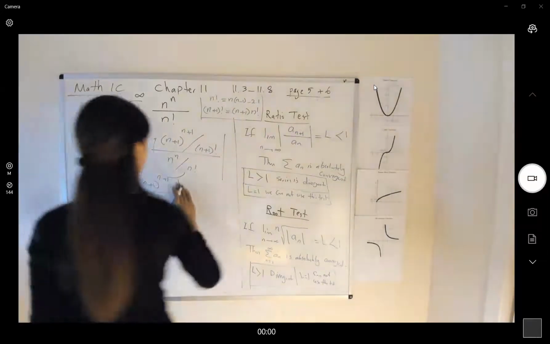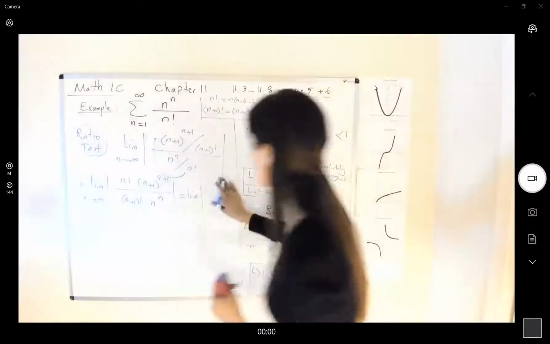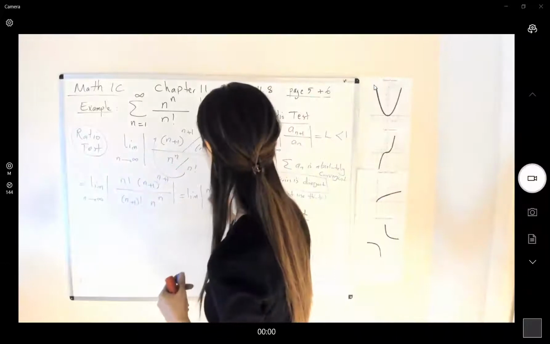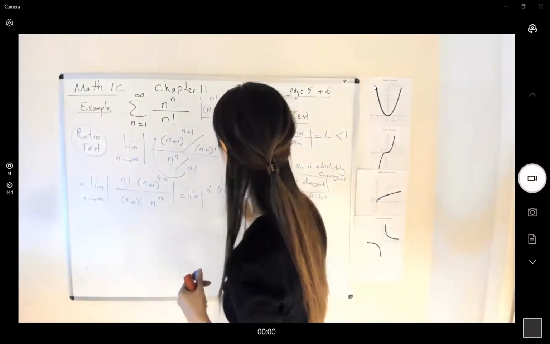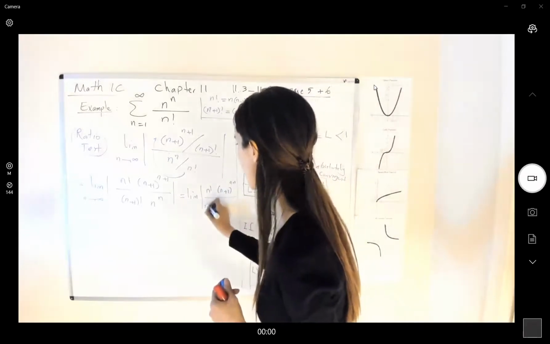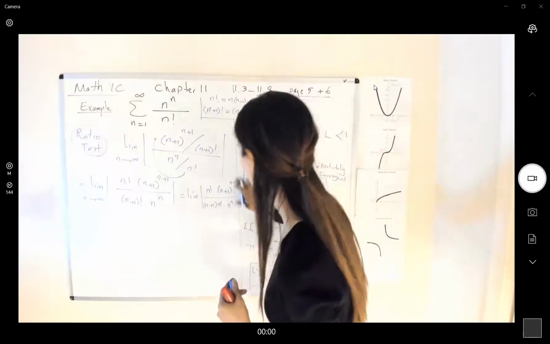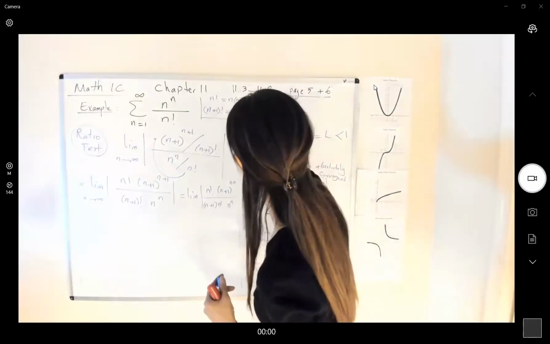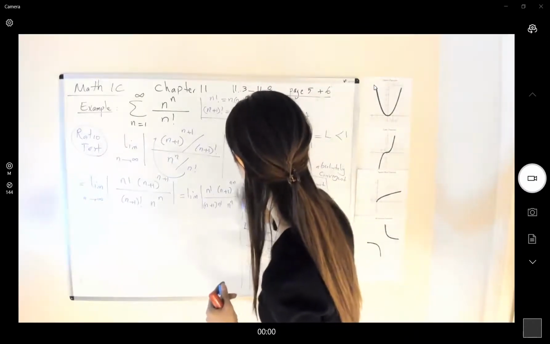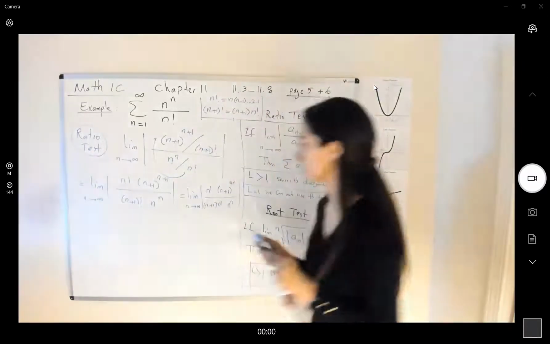Let's simplify this side. We have n factorial times (n plus 1) raised to n plus 1, divided by (n plus 1) times n factorial times n to the n, and let's put everything in absolute value, n goes to infinity.